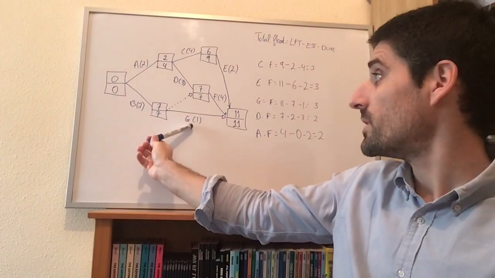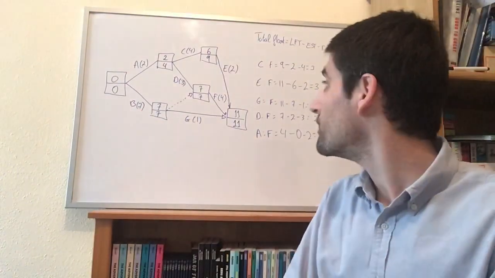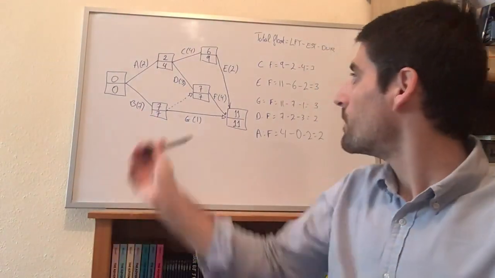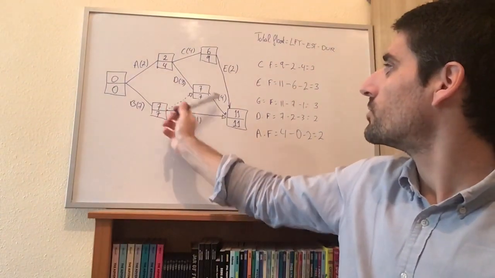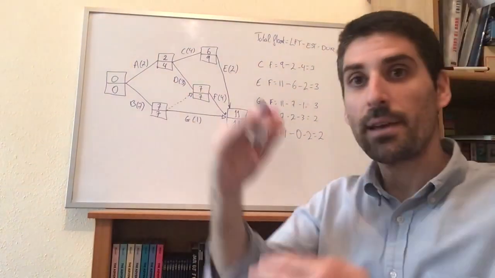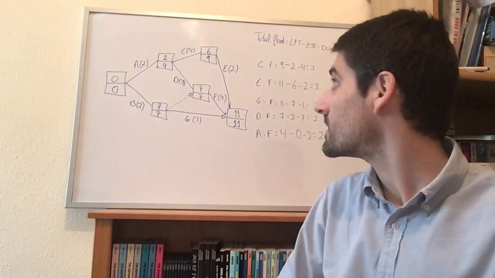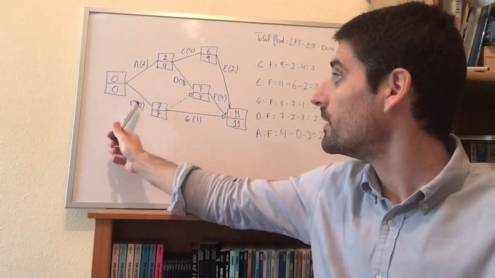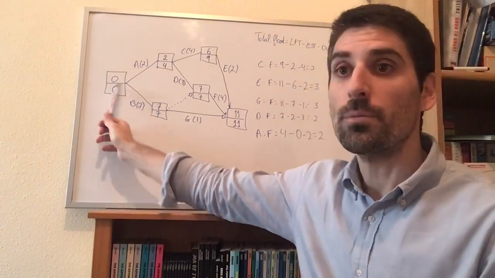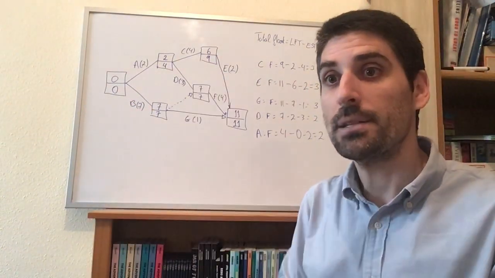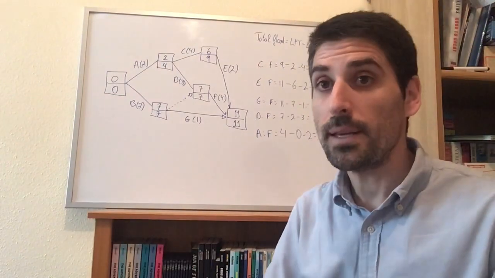That's not the case for G, because the float for G we calculated was 3. But for F, which is between two boxes with the same early and late event times, the float is 0, so F is a critical activity, and B as well, because it is between two boxes with the same early and late event times, and the float of B is 0.